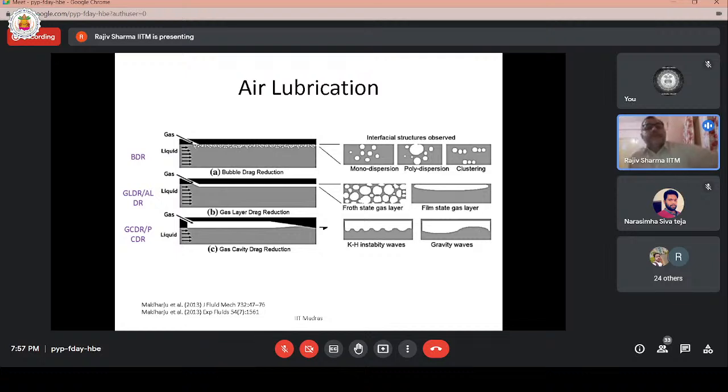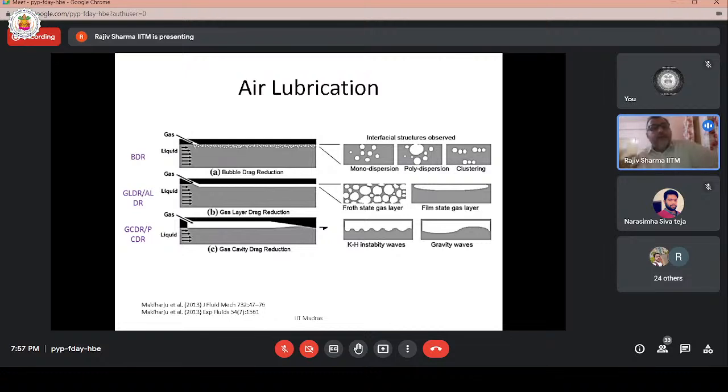So one is obviously bubble drag reduction. That means you have micro air bubbles surrounding your entire hull. So now you have a hull surrounded by micro bubbles, and the micro bubbles are surrounded by the seawater.